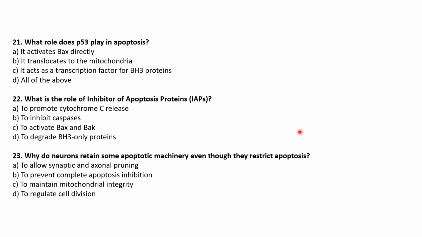So that would require the apoptotic machinery, but neurons should not undergo apoptosis, even though technically they don't divide. One would think that eventually they will undergo it, but they restrict that, and use a few components from the cascade of apoptosis for axonal pruning and synapse remodeling and restructuring.